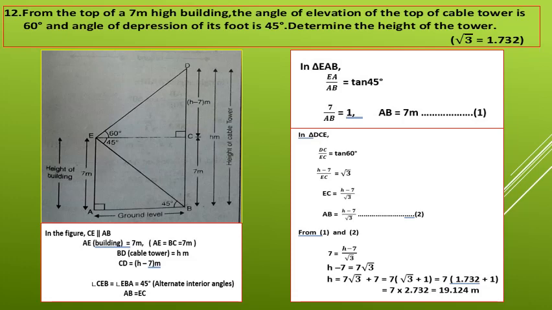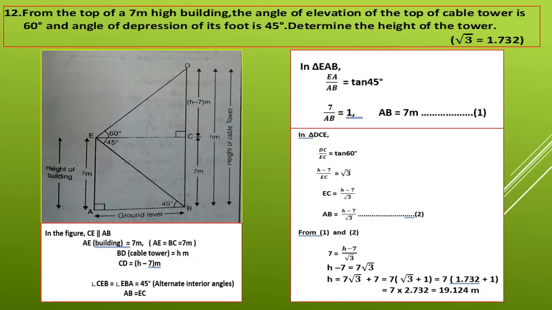Now in triangle EAB, angle B is 45 degree. AB is not given. The adjacent is not given. The opposite AE is given 7 meter. So opposite by adjacent is tan theta. Here theta is equal to 45 degree.